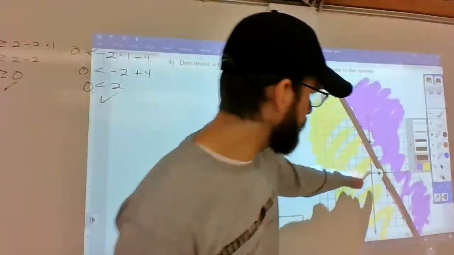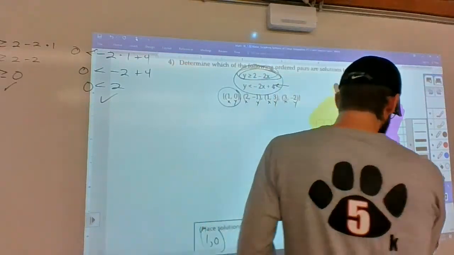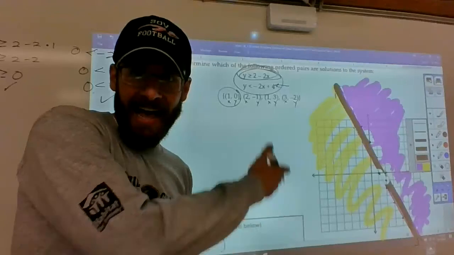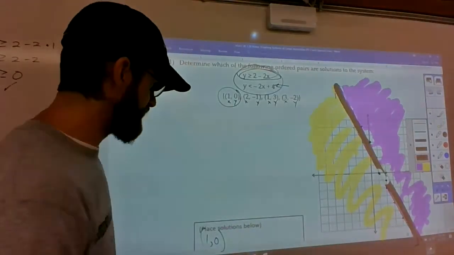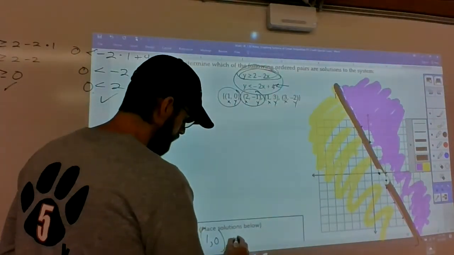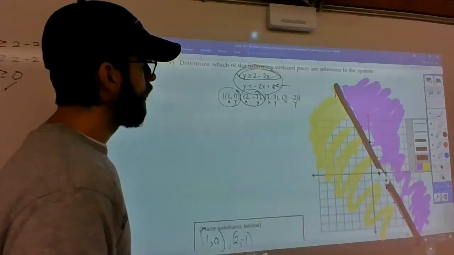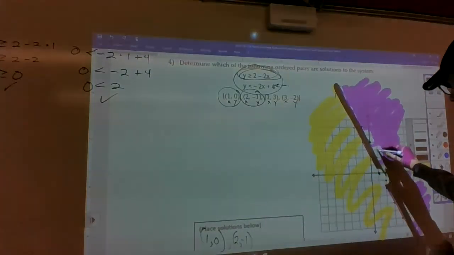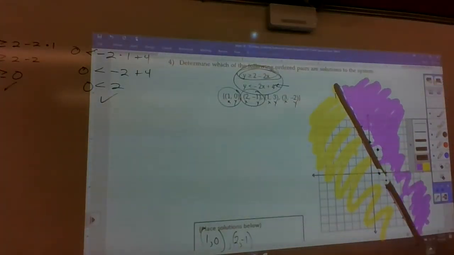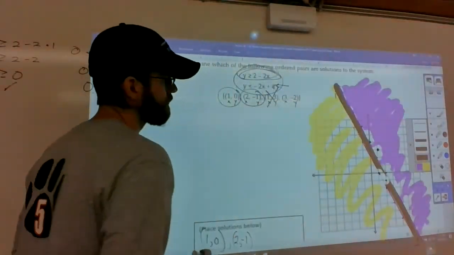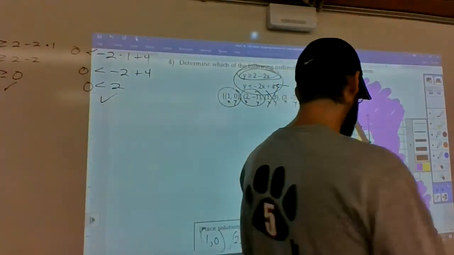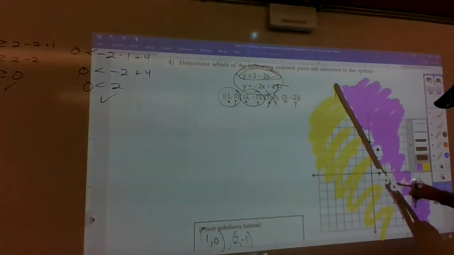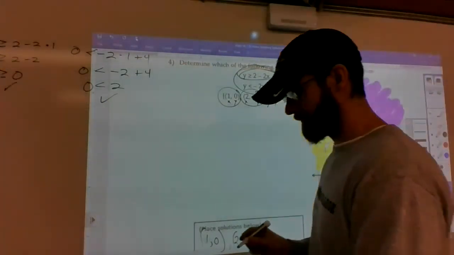When you check out (2, -1), over 2, down 1, yep, that's in the black dotted solution set. (1, 3) is not in the black dotted solution set. And then (3, -2), 3 down, 3 over. It's on the dashed line, so it's not in there either.